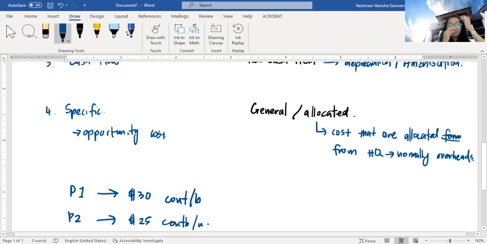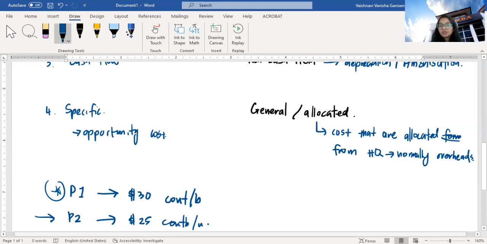Let me expand on the scenario a little bit. If you take on project two, you cannot take on project one because you don't have enough resources. So what is the opportunity cost that the company will have to incur as a result of taking on project two?